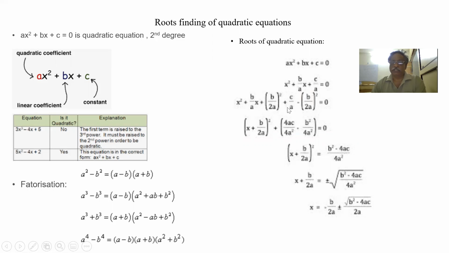When I simplify this, I get x plus b by 2a whole square is equal to b square minus 4ac by 4a square. When I take out the root, it is plus or minus. So x is equal to minus b plus or minus square root of b square minus 4ac, by 2a. This is how we fundamentally calculate the roots of a quadratic. Plus is one root, minus is another root.